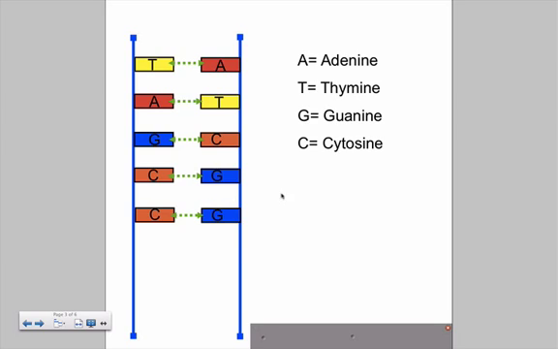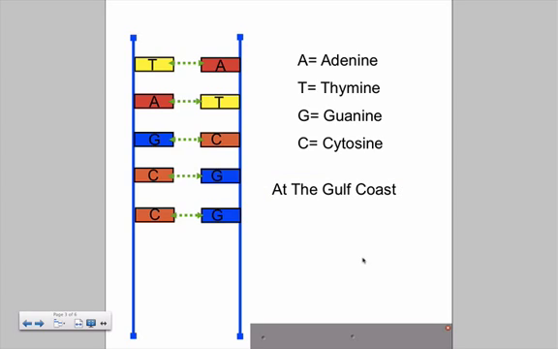So there's a little acronym that I like to remember. At the Gulf Coast.